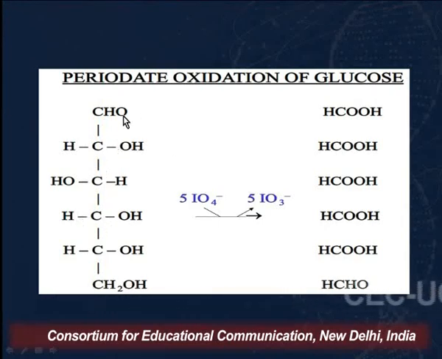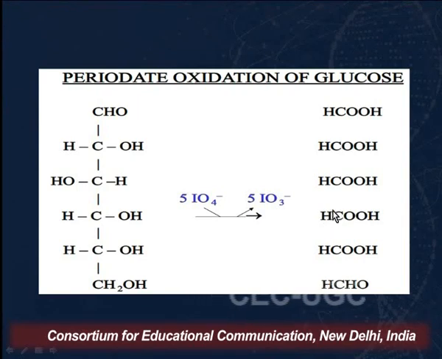That means all the 4 groups will be oxidized into formic acid, and this is a primary hydroxyl group here. So that means we will get an aldehyde. So when we carry out periodic oxidation of glucose, that is normal glucose, the open chain structure of glucose, we will get 5 molecules of formic acid and 1 molecule of formaldehyde.